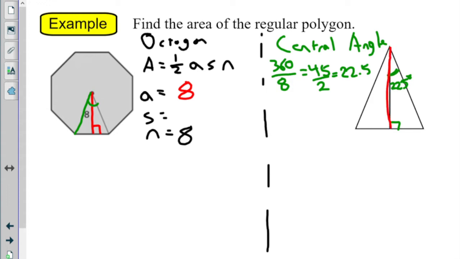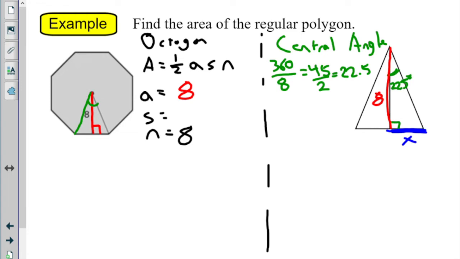So we already know that this is 8. That was our apothem. We already know that this is 8. So we can use that to solve for this piece right here. So we're kind of zooming in and we're solving for that piece using our right triangle stuff.